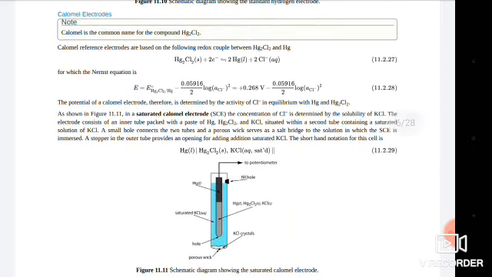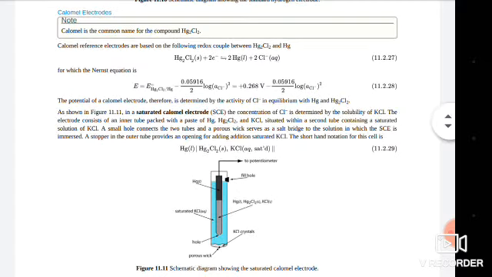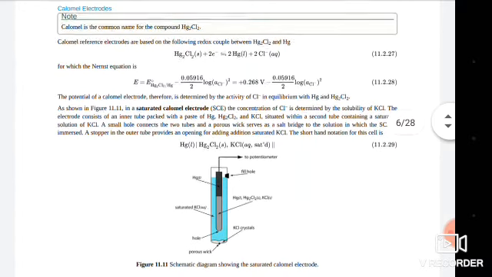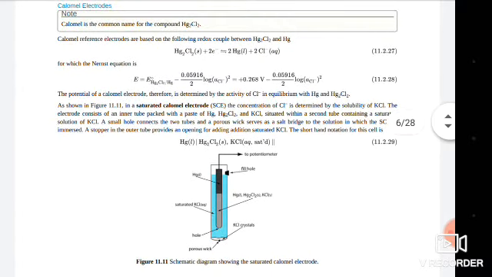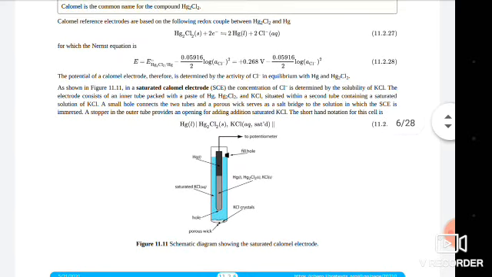In the standard saturated calomel electrode, the concentration of Cl minus is determined by the solubility of KCl. The electrode consists of an inner tube packed with a paste of Hg, Hg2Cl2 and KCl, situated within a second tube containing a saturated solution of KCl. A small hole connects the two tubes, and a porous wick serves as the salt bridge to the solution in which the saturated calomel electrode is immersed.